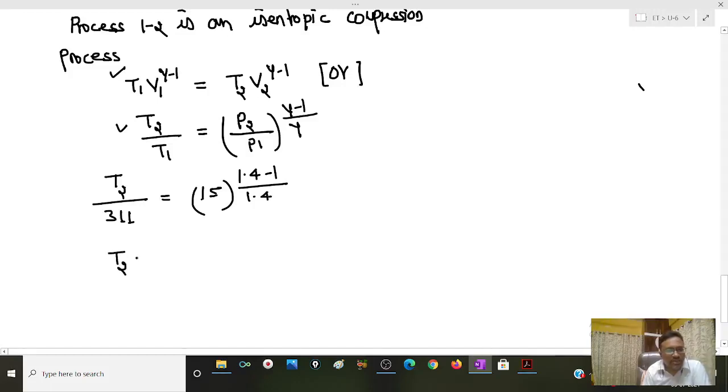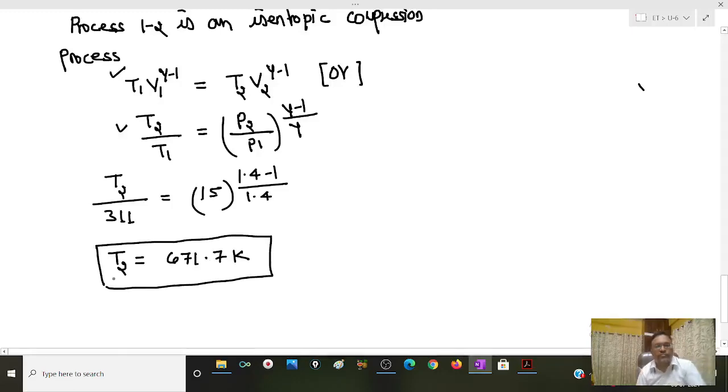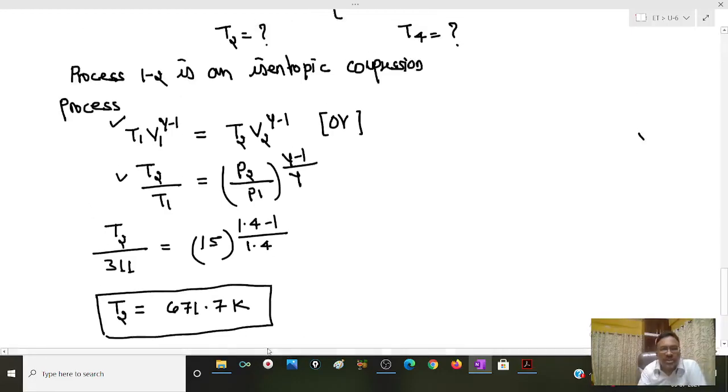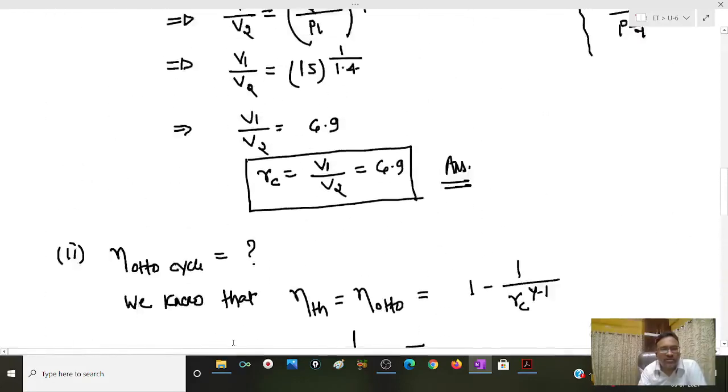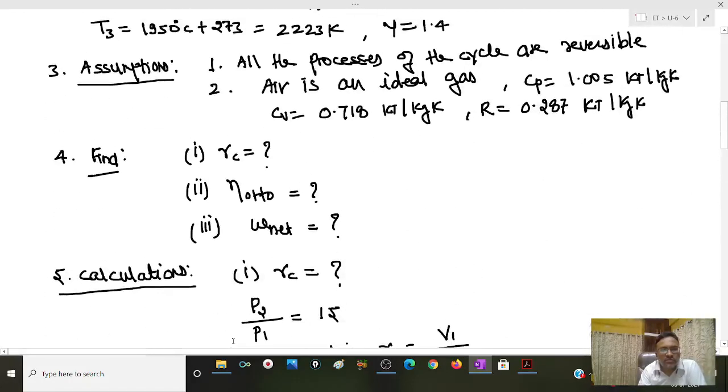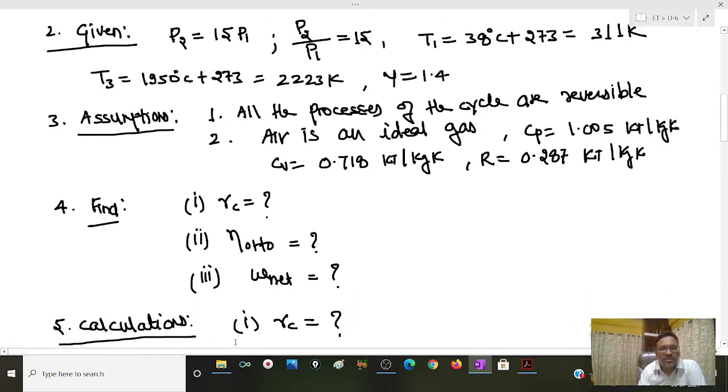So from here the value of T2 comes out to be 671.7 Kelvin. Let me check the value of T1 here. T1 is 311 Kelvin and T3 is 2223 Kelvin.